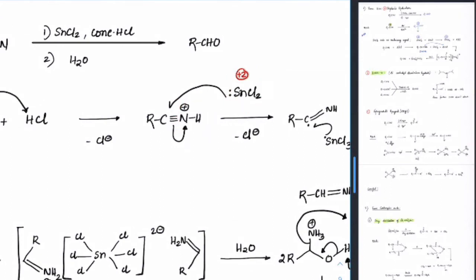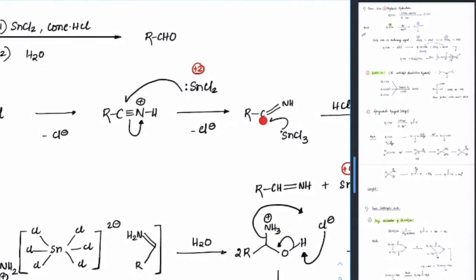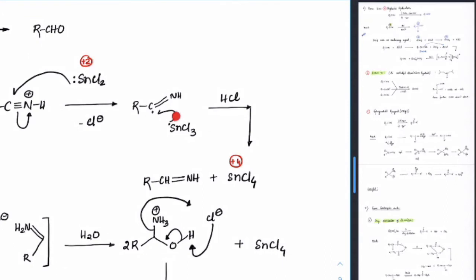Then SnCl2 with +2 oxidation state is donating an electron to this carbon, and this pi is completely shifting onto nitrogen. So you will get a radical form here. This SnCl2 will take away this chlorine and have a radical form of SnCl3, and this radical is going to give away electrons to carbon, and from there it will take away this H+, and SnCl3 will take another Cl- and become SnCl4.